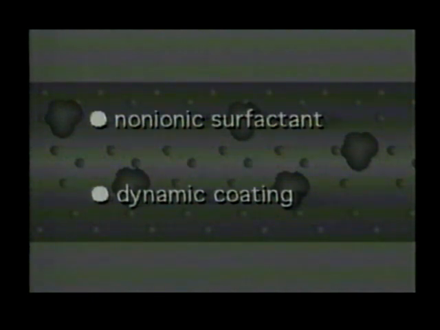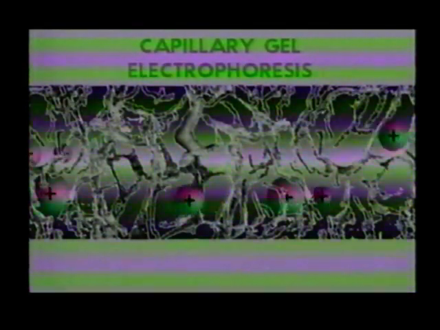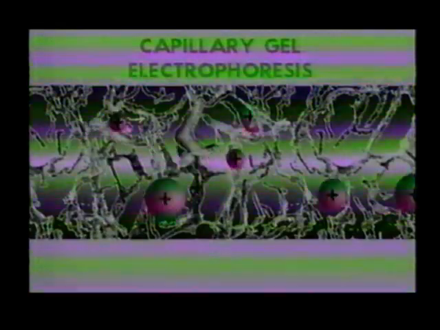Several of the commercially available coatings also require a non-ionic surfactant to further reduce protein adsorption. It is also possible to use a dynamic coating, which masks the charged silanol groups but does not remain permanently attached to the walls.